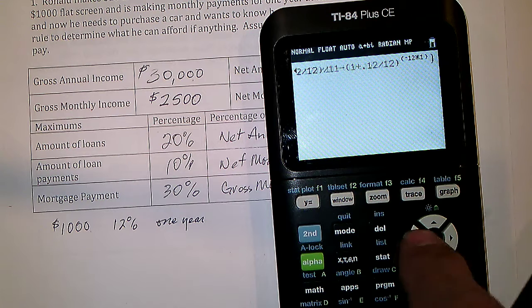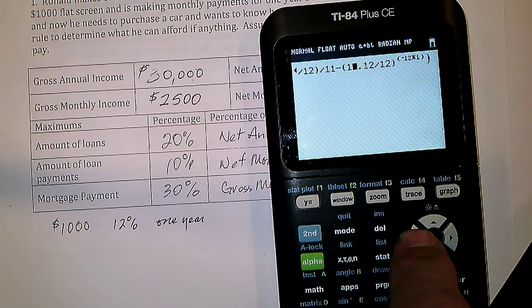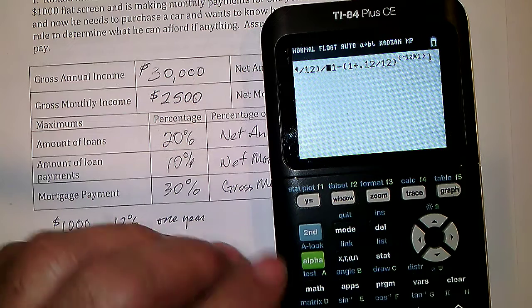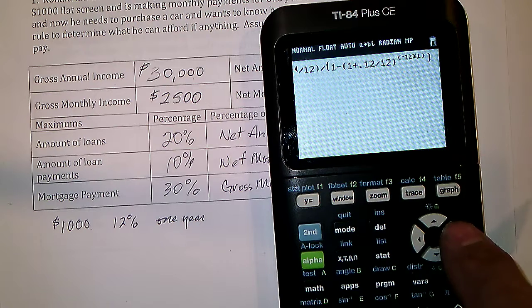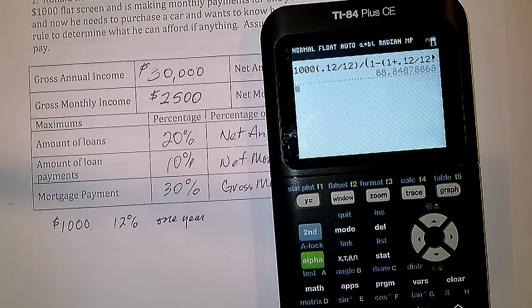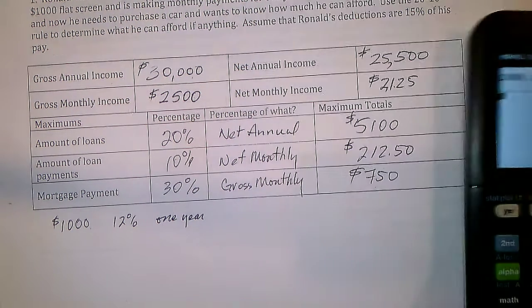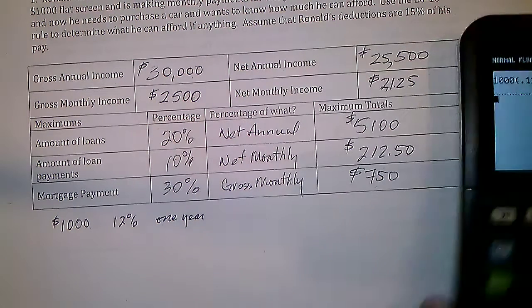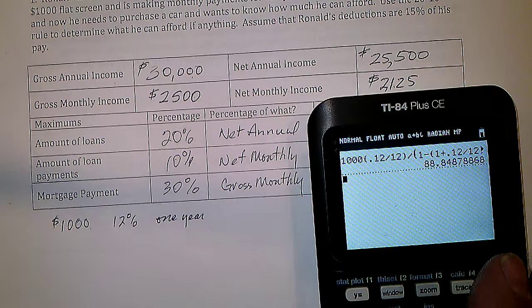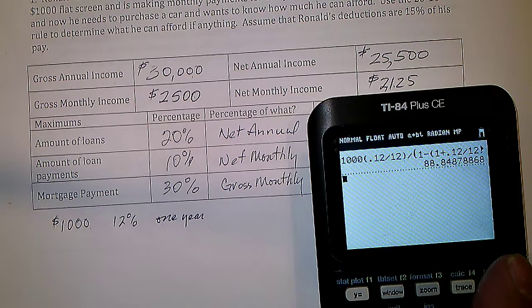Oh, I forgot to start my denominator with a parenthesis. I hit a 1 instead of a parenthesis there. 1 minus 1 plus. Okay, there we go. So the payment on this flat screen is $88.85.